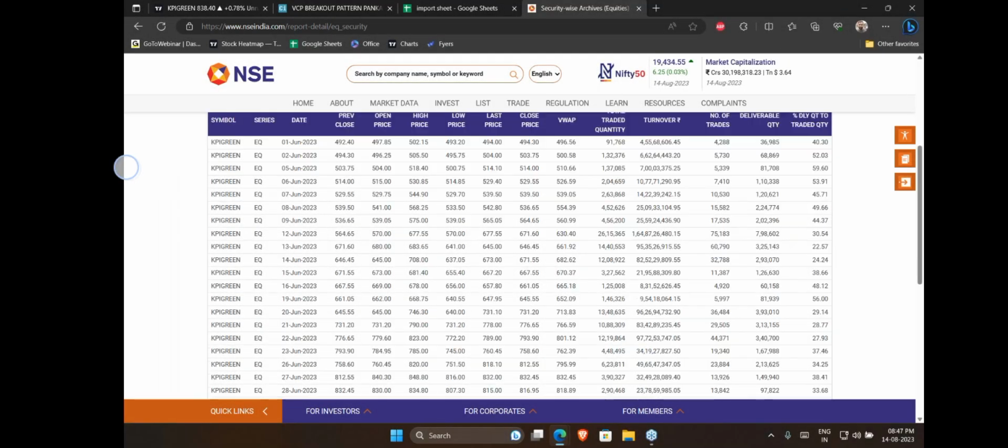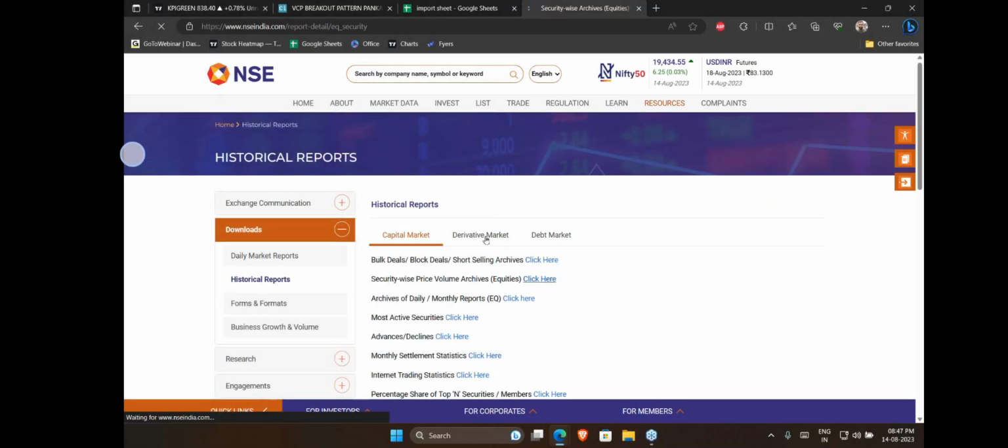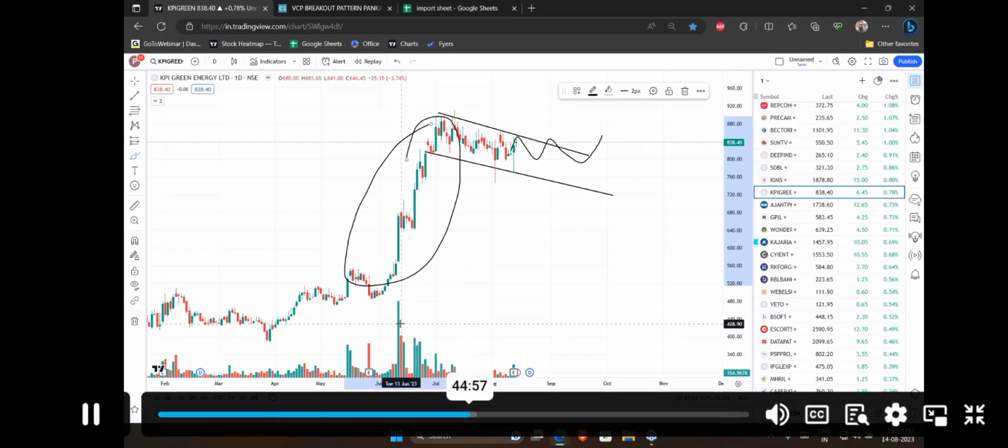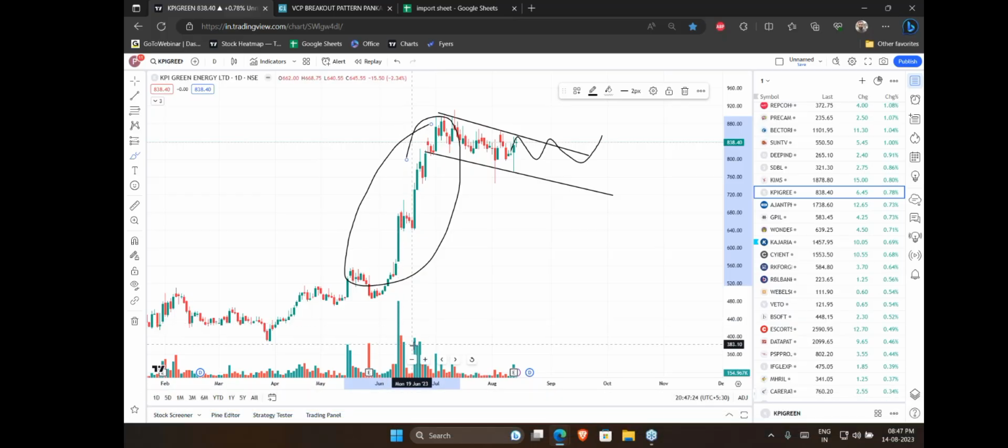Okay, have a look at this. In this area, you will see that a huge number of shares are being delivered from June 12 to June 22.